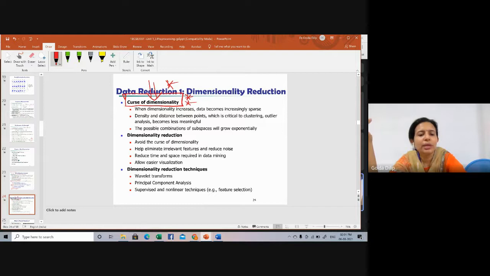We may not be able to visualize the data properly or identify the patterns. All these issues come up, and that entire issue is called the curse of dimensionality. When the dimensionality increases, data becomes increasingly sparse. Increases here generally means greater than or equal to 100 attributes.